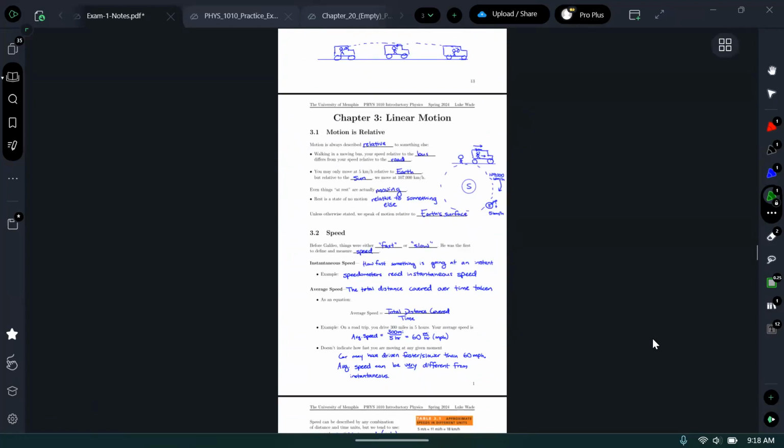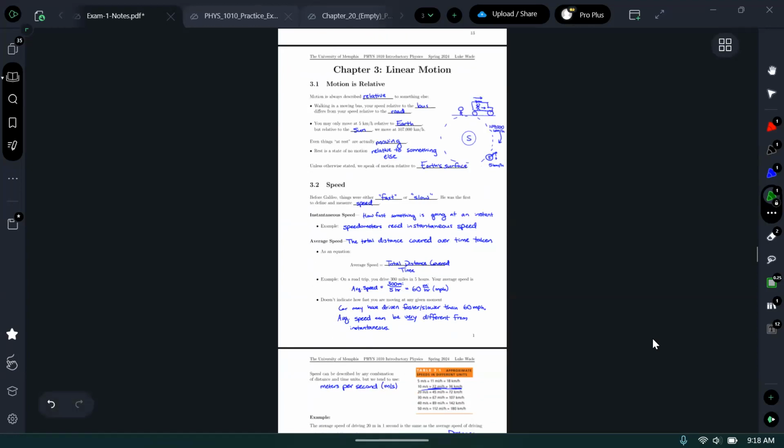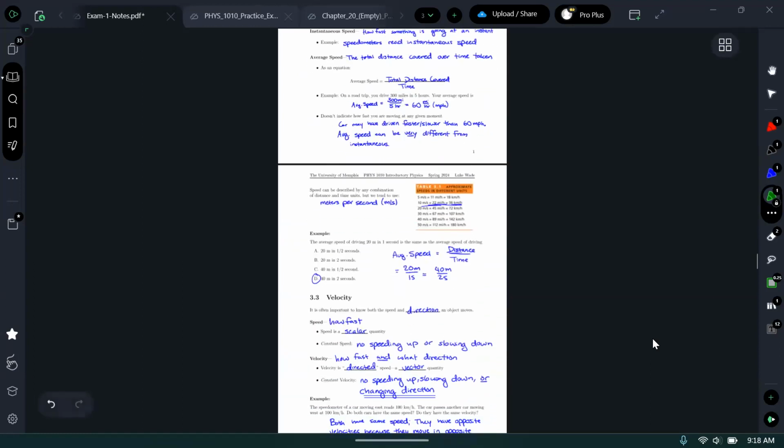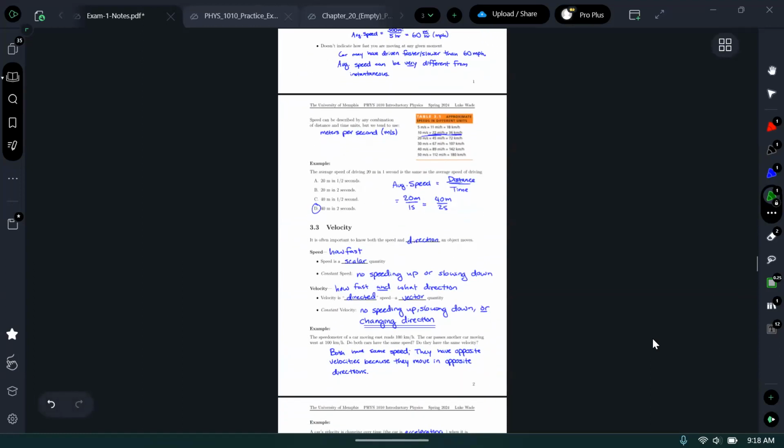For chapter 3, let's see. Speed is really the first thing we start with because we come back to relative motion at the end, so I'll save that for the end. The difference between average and instantaneous speed, I would not say is heavily stressed, but just having a sense of what speed is, and more importantly, how it compares to velocity.